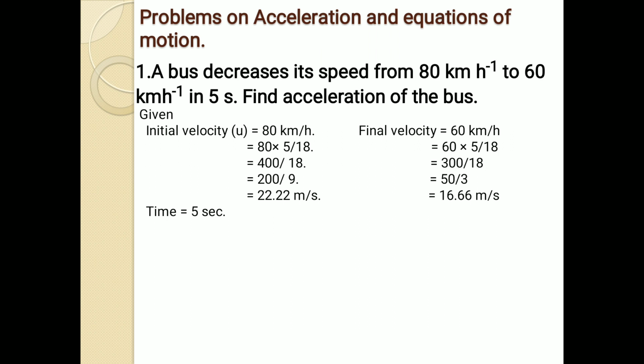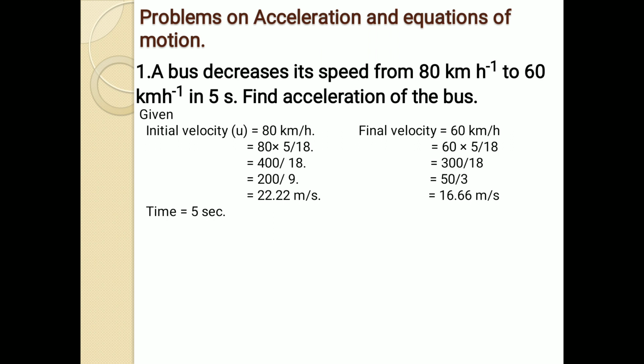Because here time is in seconds, and velocity is in kilometer per hour. So we can't calculate as it is. So we have to convert. All the units should be in one format. That should be SI format or SI unit. Is it right? So first we have to convert this velocity kilometer per hour to meter per second. Okay. Initial velocity u, because the bus is decreasing speed from 80 km per hour.